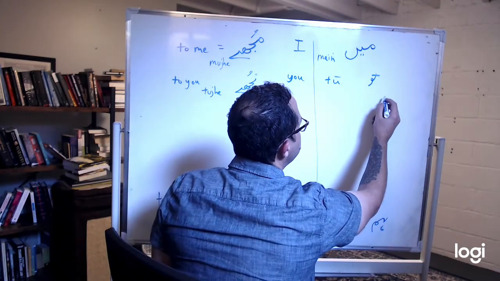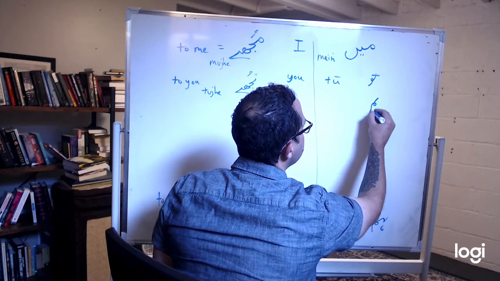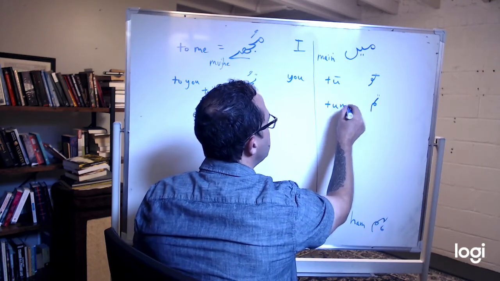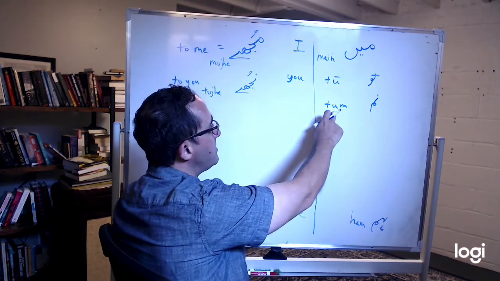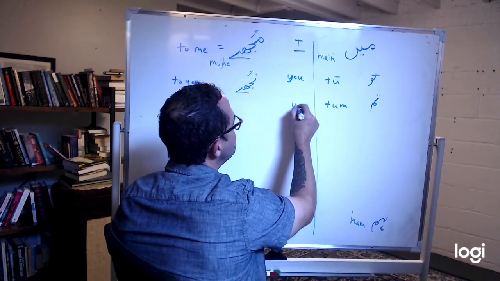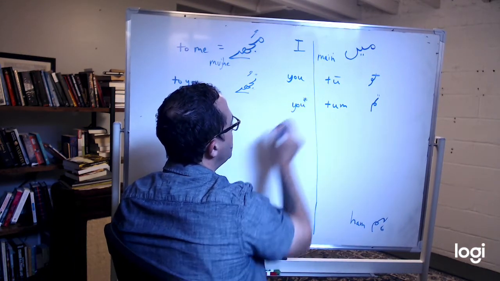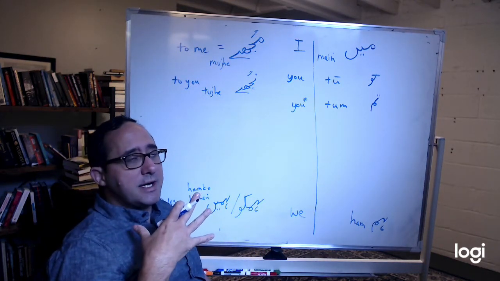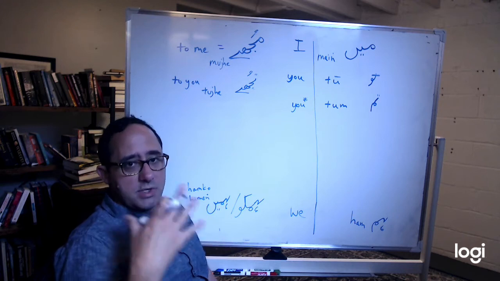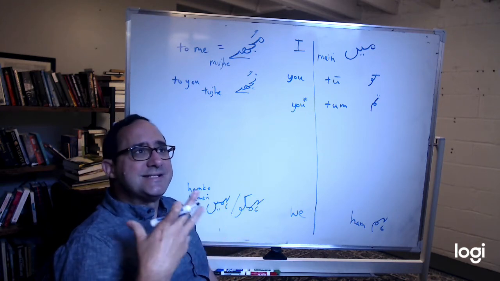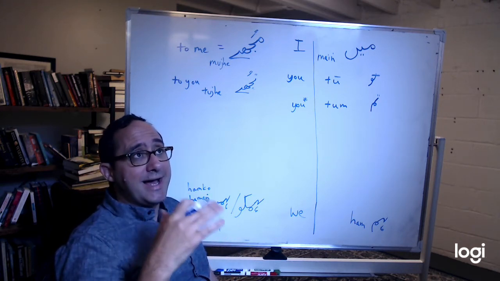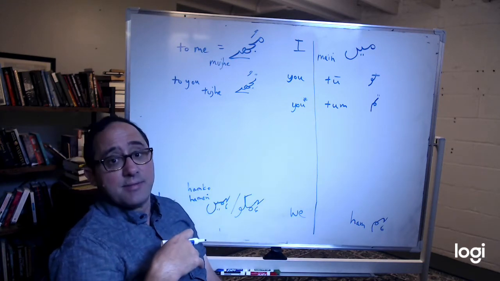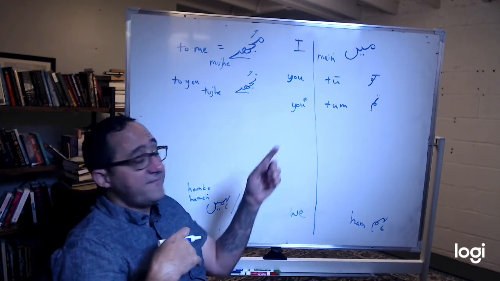Next one is tum. Notice that's a short u. Tum means you. I'm going to put a star because it's something you say to people you know, but it's not as polite, though it still has politeness in it, and actually it's a plural form.